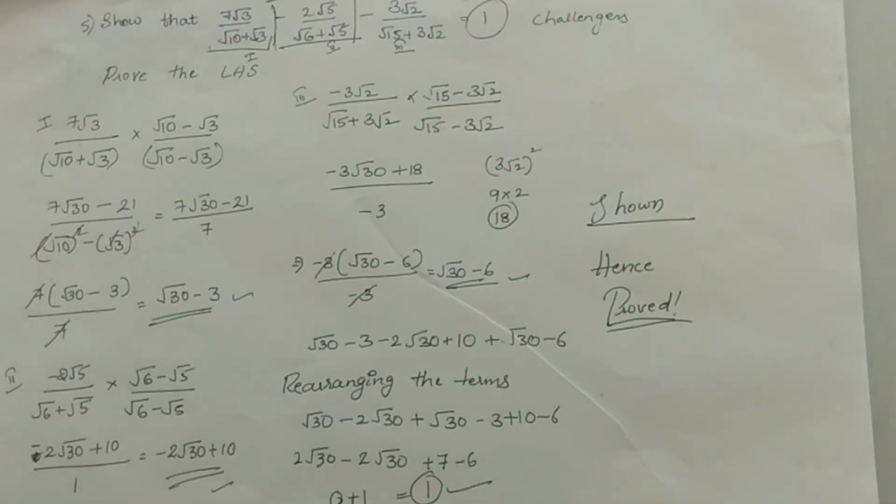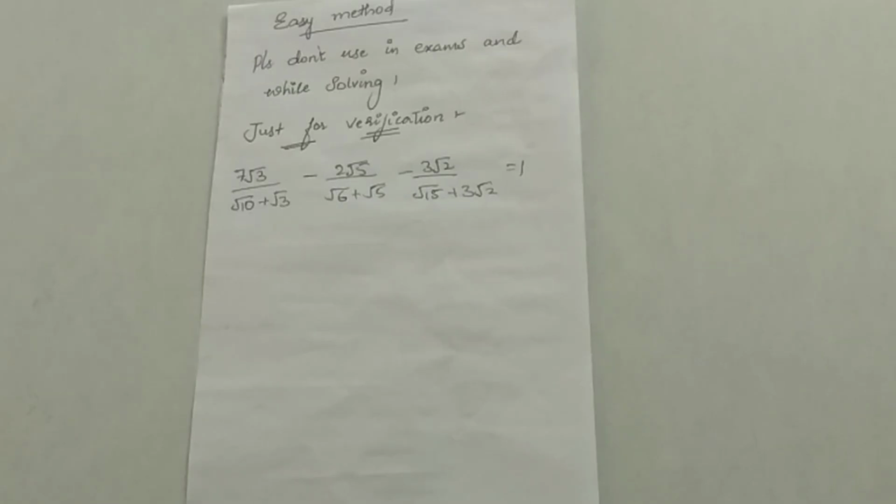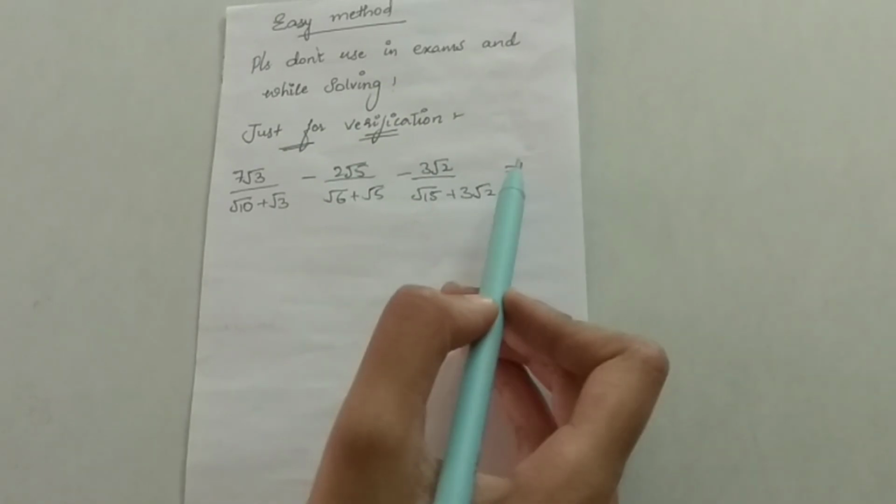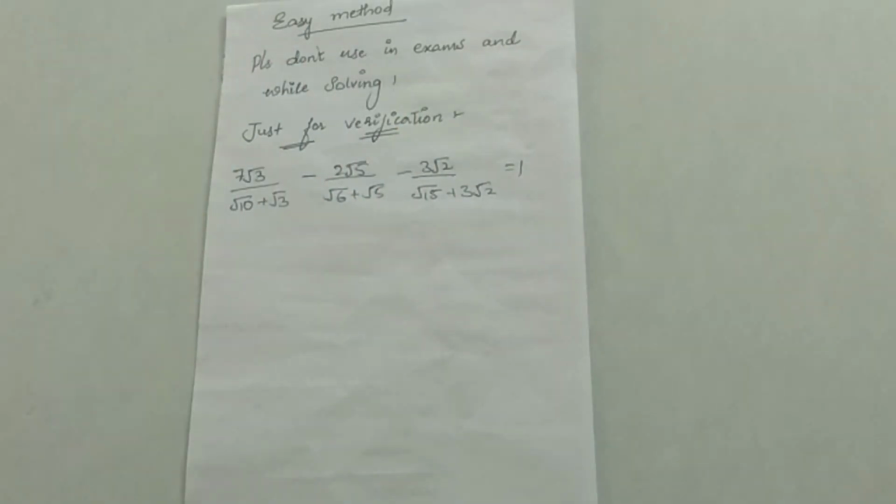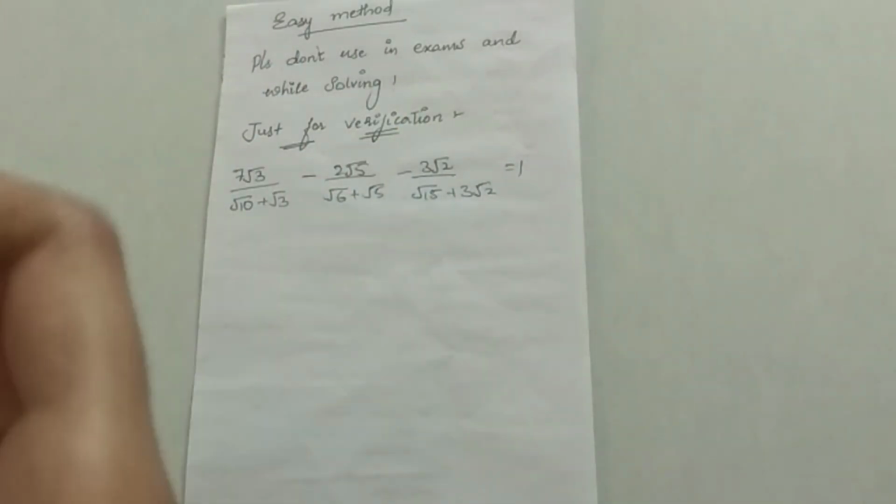Now I'll tell you an even simpler way. This easy method you should not use while solving when your exams are there, please don't use this. The easy method is for when you are unable to solve the problem, when you think you have made some silly mistake or that this is a wrong question.